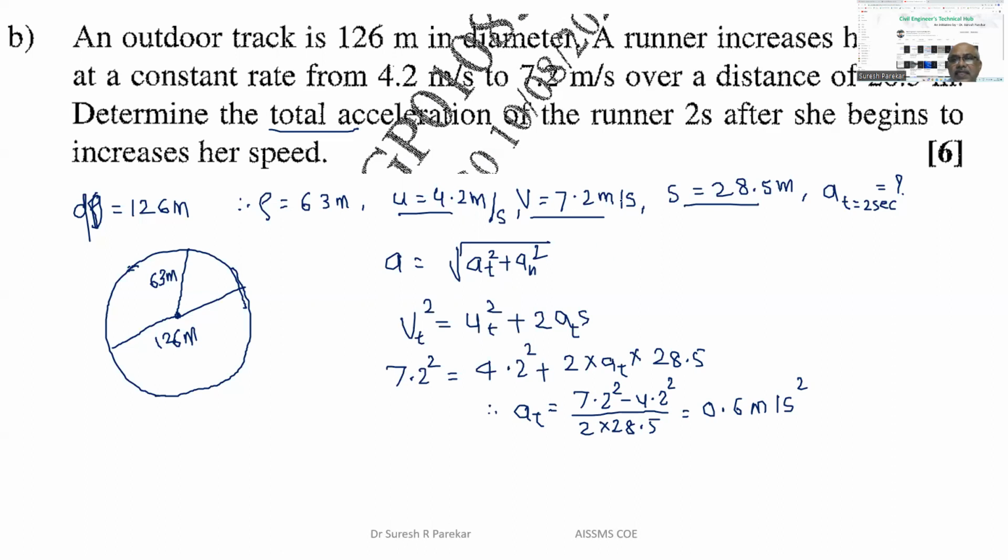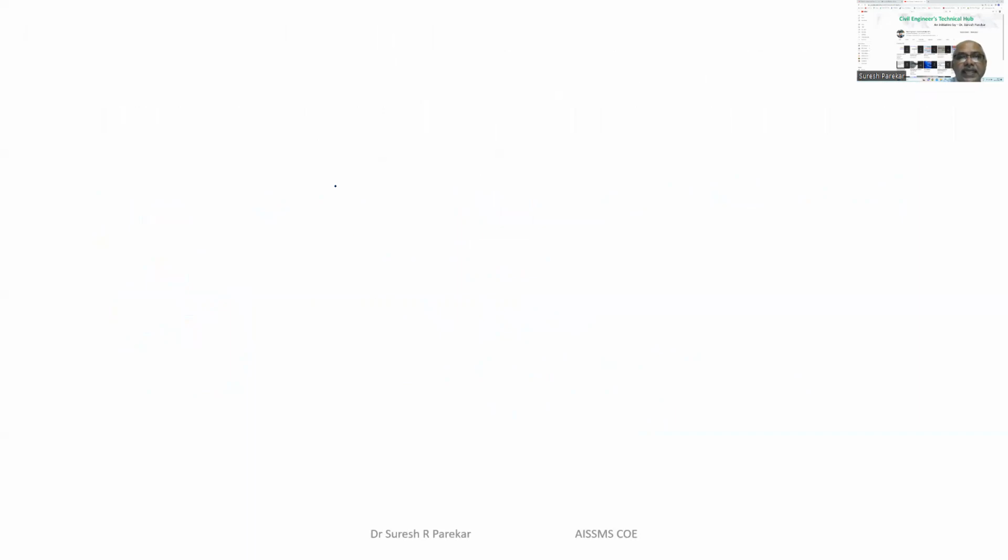Now this is the distance, 28.5 meters. Now we are interested to find velocity at t equal to 2 seconds. So we have to find Vt is equal to ut plus at into t.